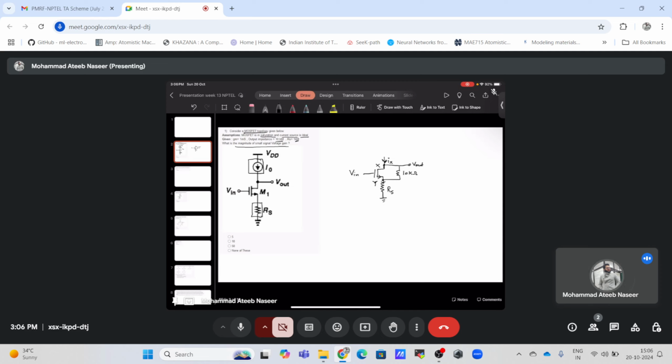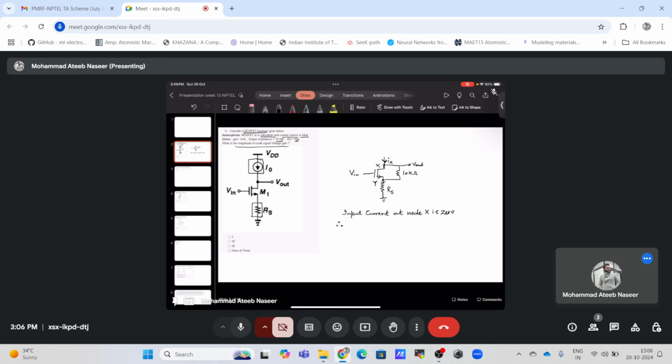But the input current at node X is 0. So what does it imply?